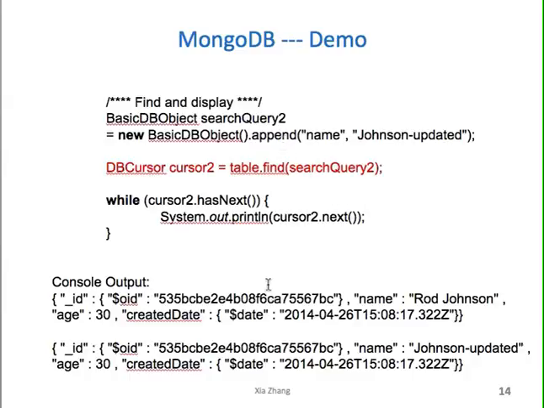And here, just to show that the database is actually updated, you can see from the console output that the name field was changed from Raw Johnson to Johnson updated.